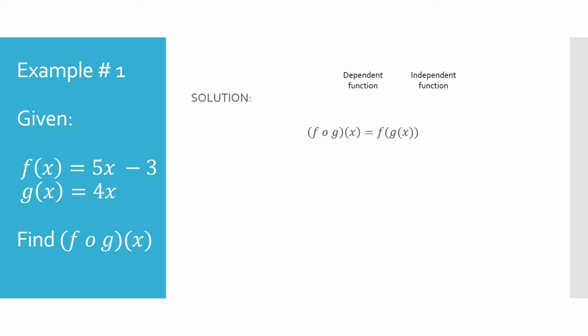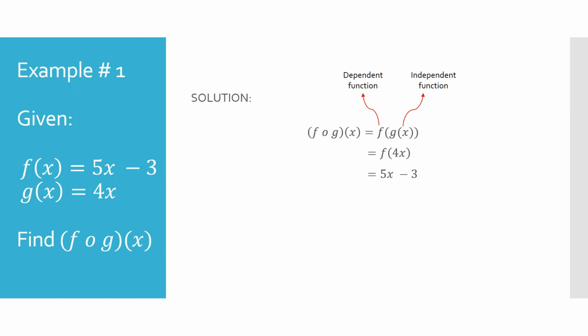Okay, so let's identify the dependent and the independent function. So in this case, our dependent function is function f and our independent function is function g. So we have now f of 4x. We simply replace g of x with the expression that is 4x.